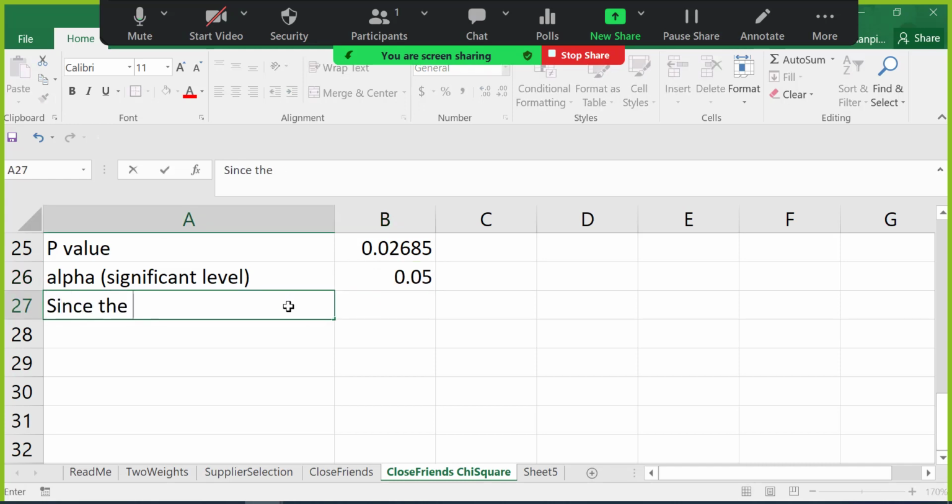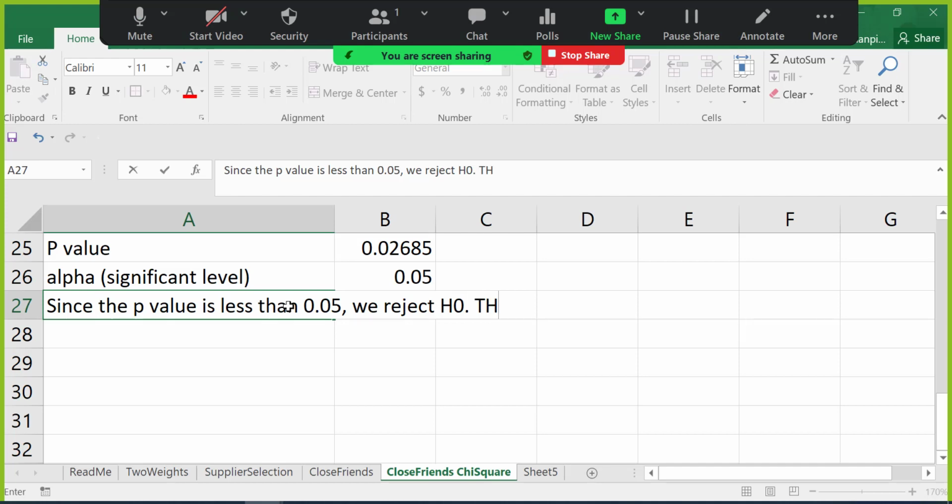So since the p-value is less than 0.05, what's the conclusion? What's your conclusion here? Yeah, we reject the H0 hypothesis.